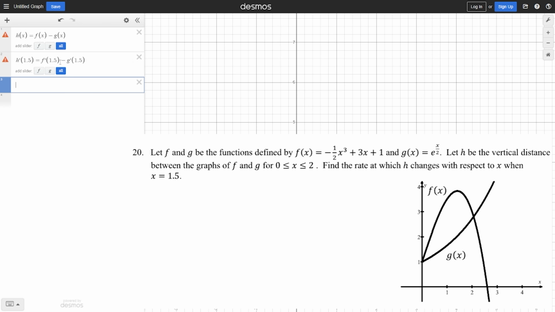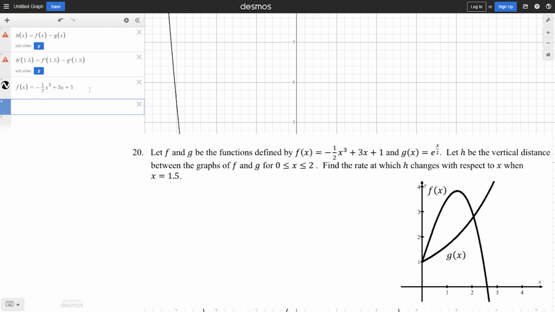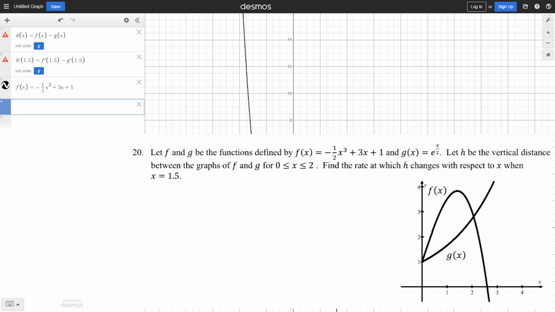Alright, firstly, to find f prime of 1.5, we know that f of x is equal to negative 1/2 x cubed plus 3x plus 1. So now this is our f of x function. Now to find the derivative of that, I'm just going to do it like this, of f of x.